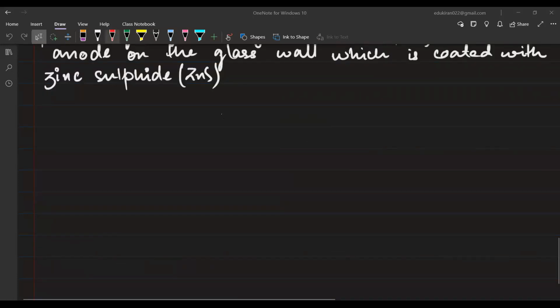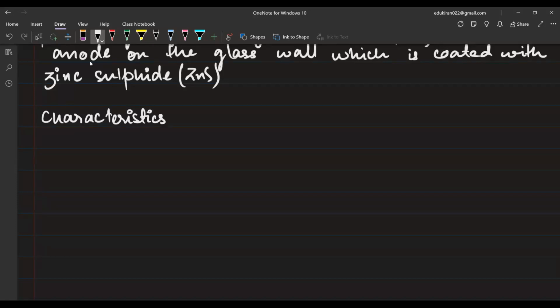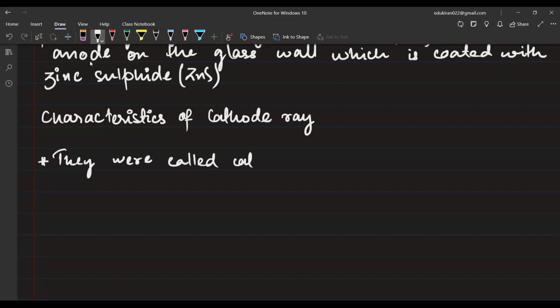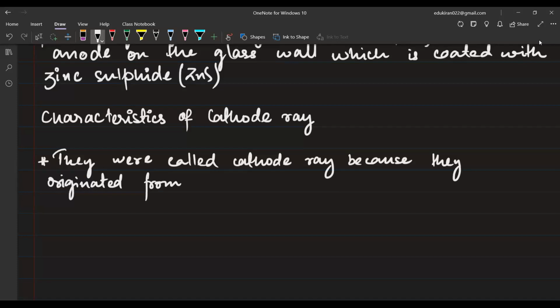Characteristics of cathode rays. First point: they were called cathode rays because they originated from the cathode.